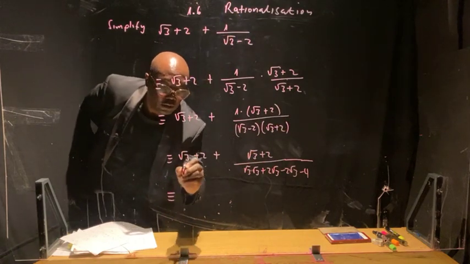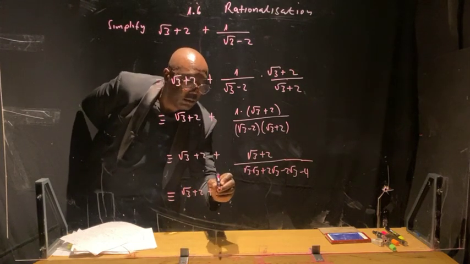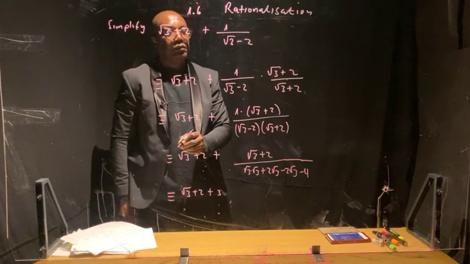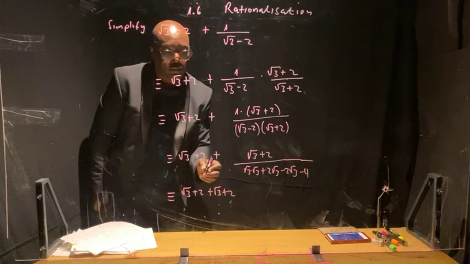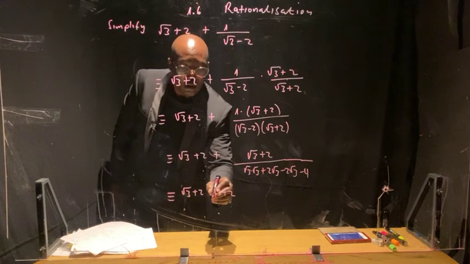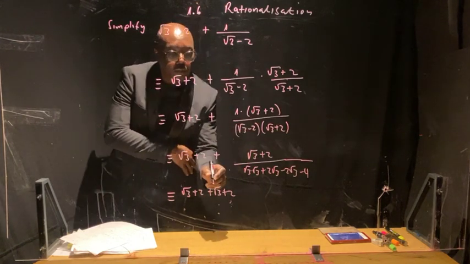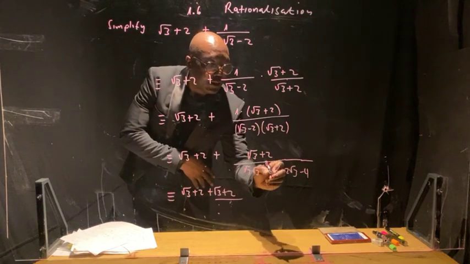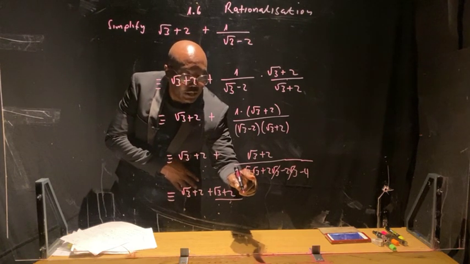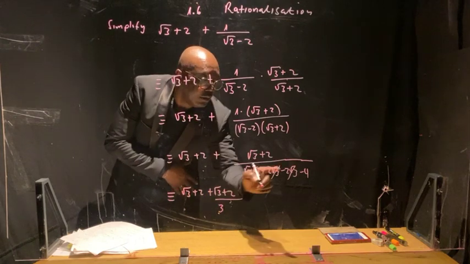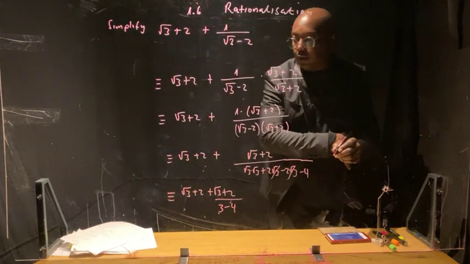Which is root 3 plus 2 plus root 3 plus 2 over, this one cancels this one, and this one becomes root 3 multiplied by root 3 is equals to 3, then minus 4.